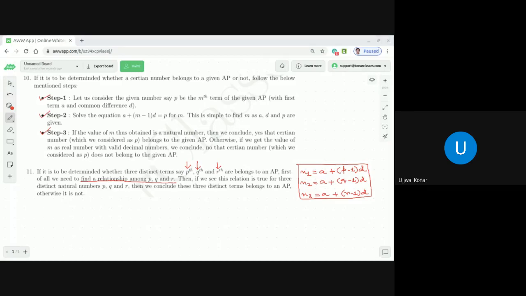Now, there are some important observations, and I would like to discuss those with you now. I'm just going to place it in front of you, dear students.